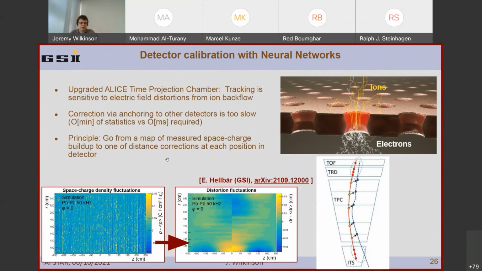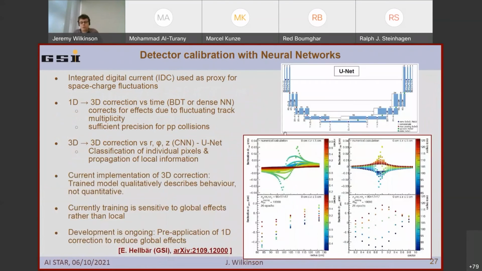So what we want to be able to do is take a map of measured space charge buildup in the detector and instead map this to distance corrections that we can apply at each position in the detector to get reliable tracking information out. What we use for this is the integrated digital currents, or IDCs, in various regions of the detector, and this can be used as a proxy for the fluctuations of this so-called space charge buildup.